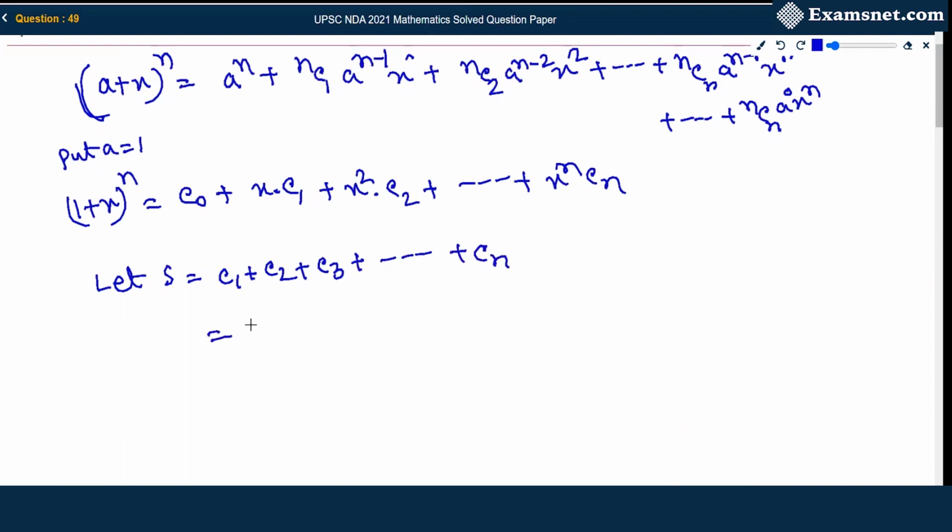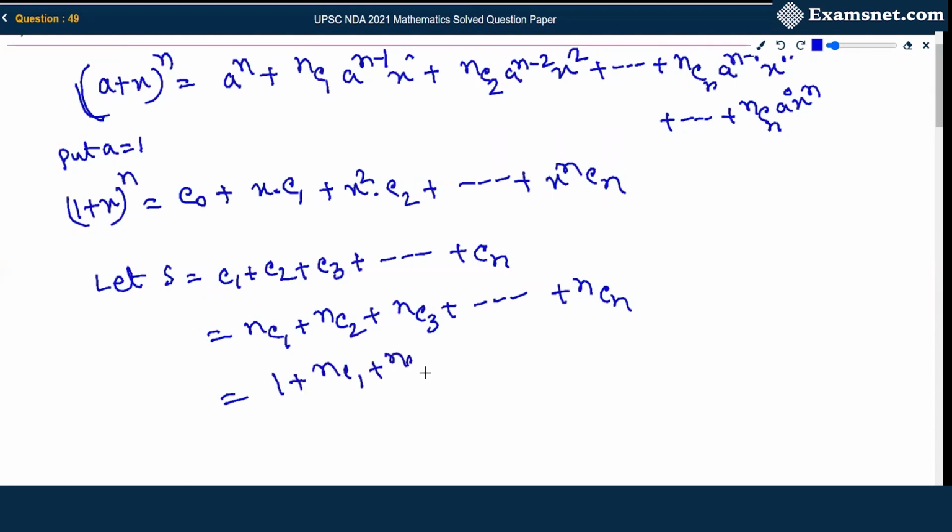So C1 means nC1, nC2, nC3 up to nCn, right? We can balance it by adding and subtracting 1. So 1 plus nC1, nC2, nC3 plus nCn minus 1, right?